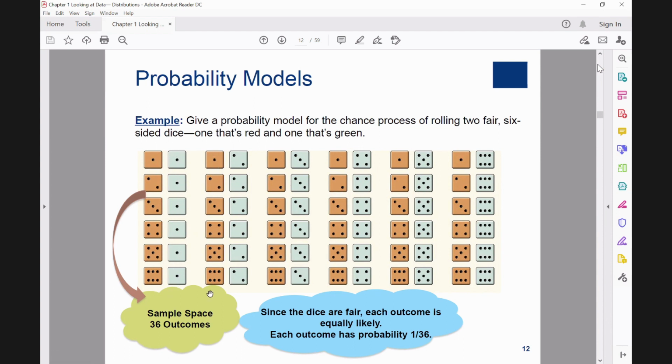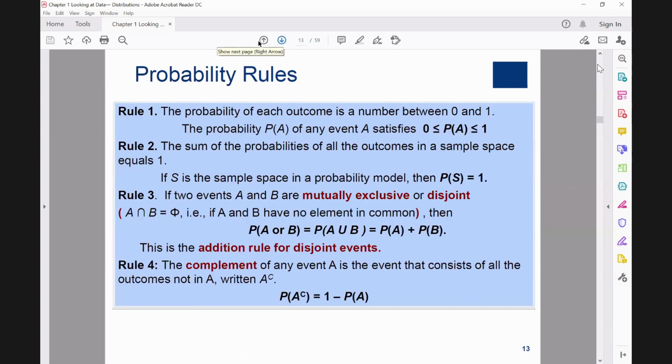Then we have the same thing, but in the second one we have 2, and so on. To summarize, we have 36 outcomes. Since each one has the same chance, the probability for each outcome is equal to 1 over 36.